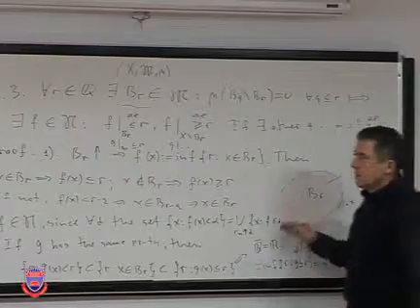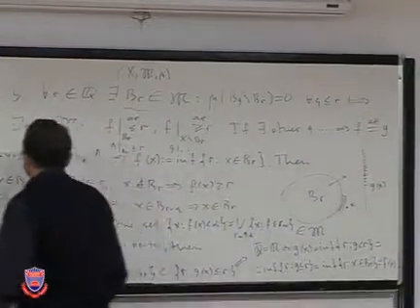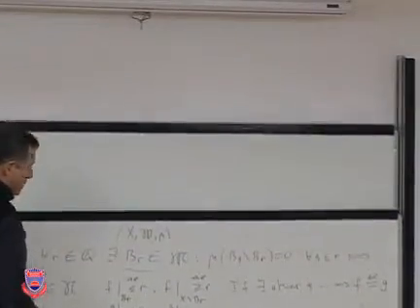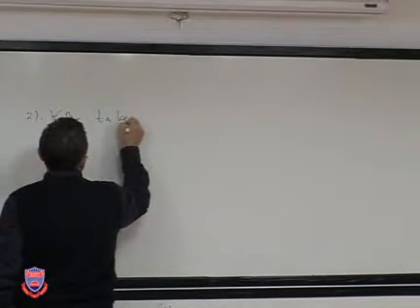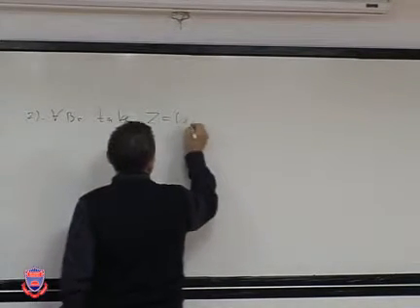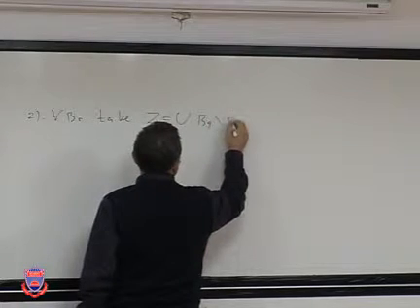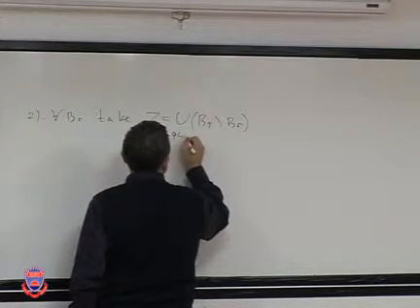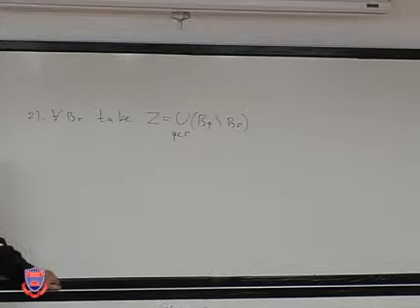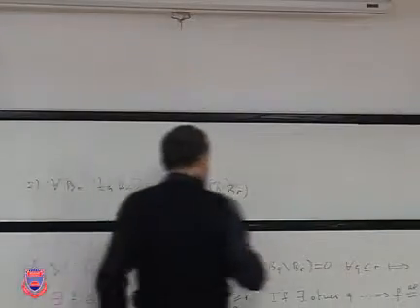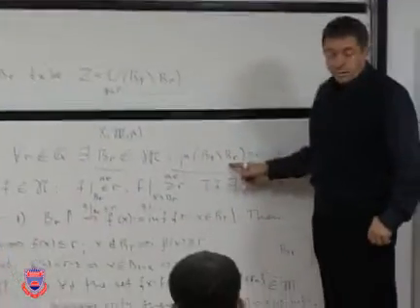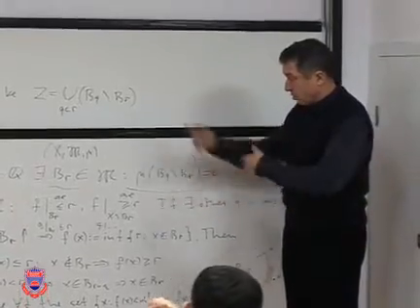Please, your questions about the first part. This is the proof of the case when the family is monotonically increasing. Now for any B_r, we can take Z, which is the union of B_q minus B_r for q less than r. We have a countable family of sets with this property, and we take the union of that type.